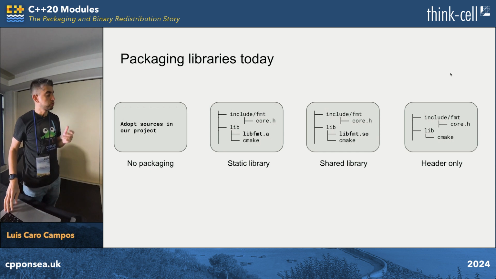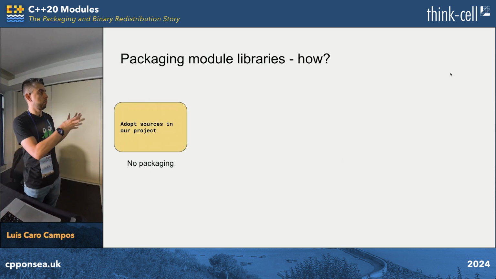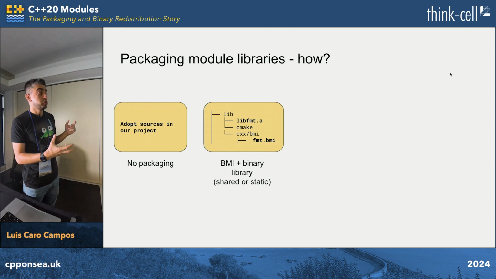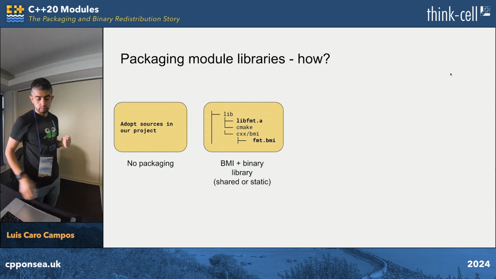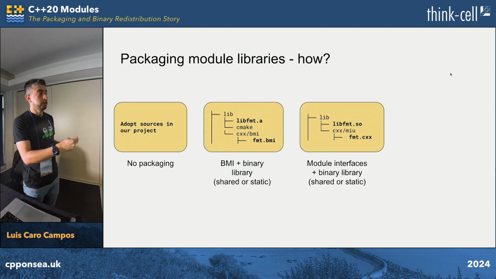So when it comes to module libraries, how will we do this? As the first option, we can adopt the sources in our project, or we can consider bundling the BMI alongside the compiled library of FMT, whether it's shared or static. Or we can bundle the library, but also the sources for the FMT module interface unit.